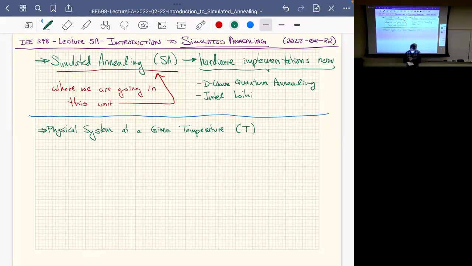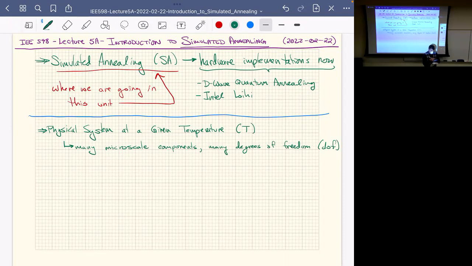So the physical system has many microscale components that themselves have many degrees of freedom. I might use the abbreviation DOF when I talk about degrees of freedom. You can think of these many degrees of freedom as different configurations.